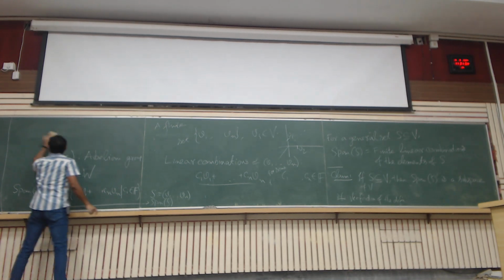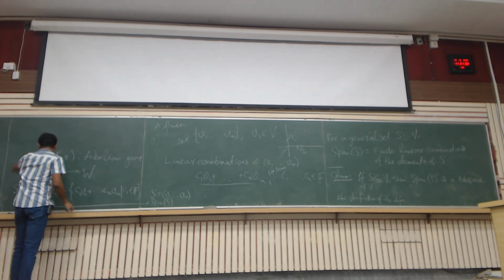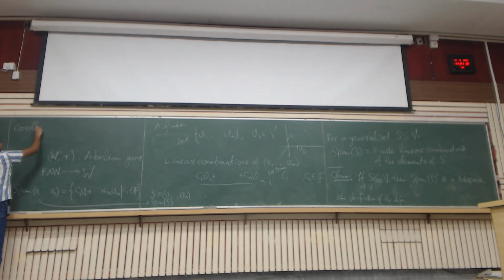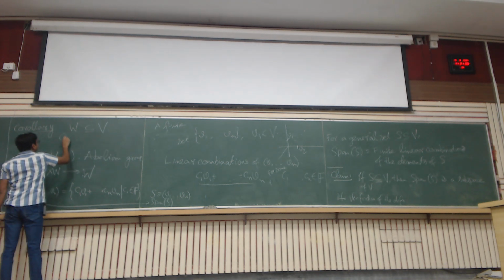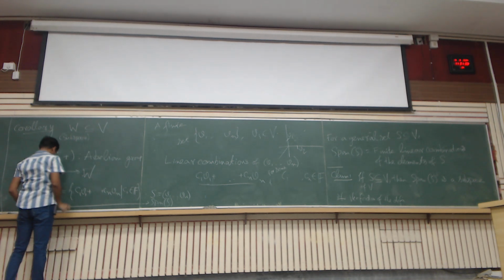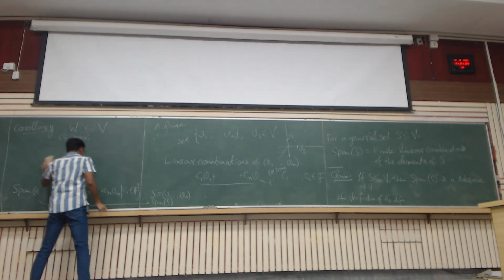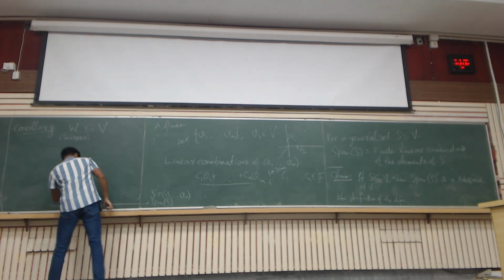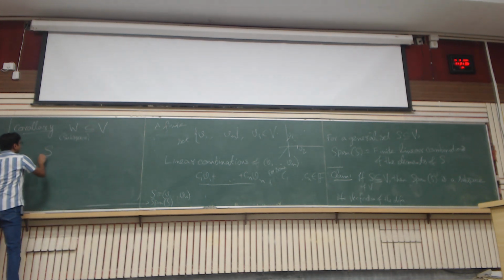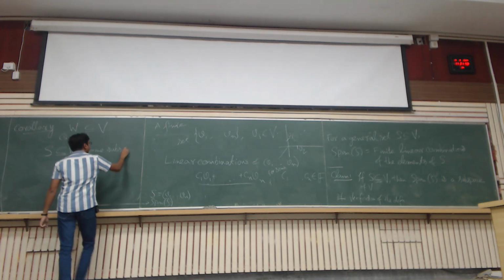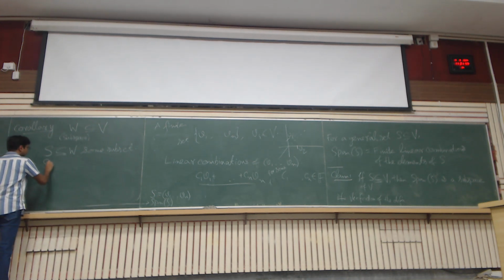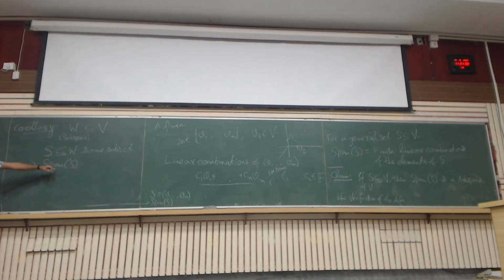The corollary to the first claim is that if you have W, a subspace of V, and S is some subset of W, then that will imply that span of S, which is also a subset of a subspace of V, and all these elements were in W. W is closed under addition and also scalar multiplication.